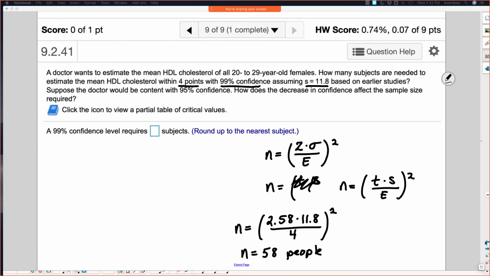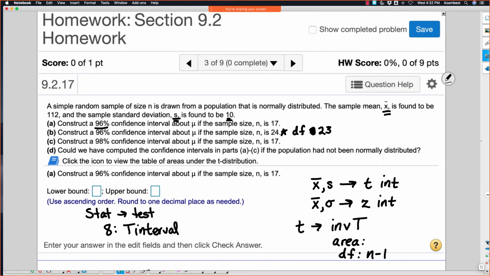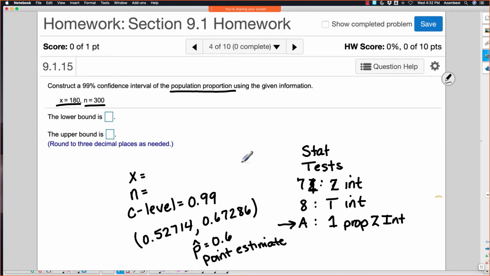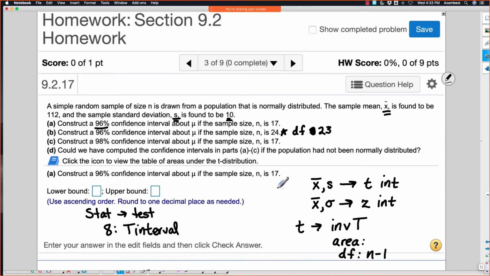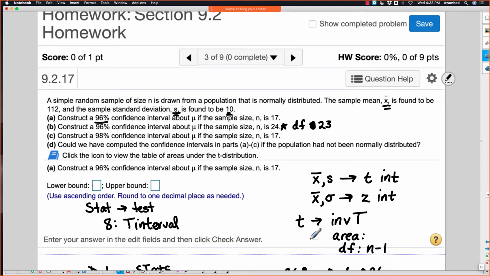Right. We have 3 different ones to choose from, and the differences between them can be pretty subtle. So if we're dealing with proportions, then going down to hit option A, versus if you have means, then you have to choose between the interval for t and the interval for z.